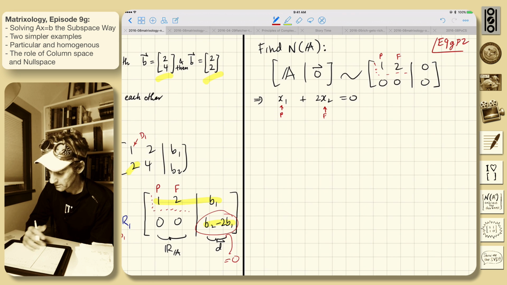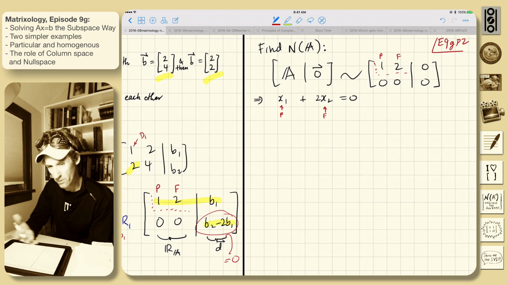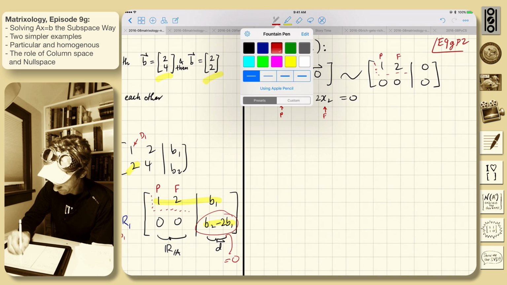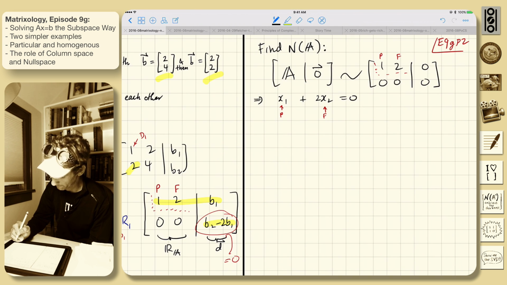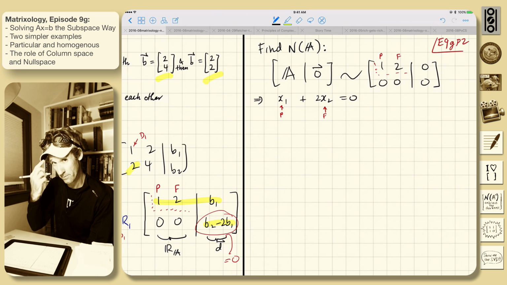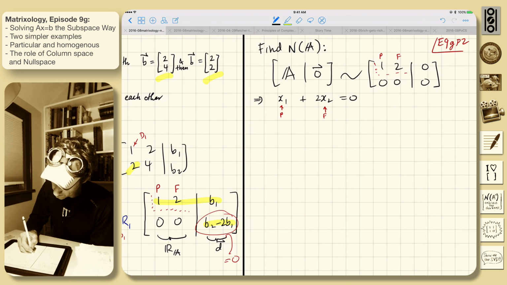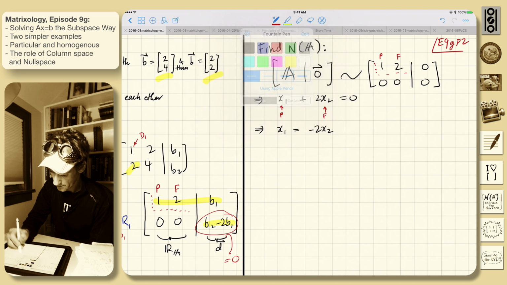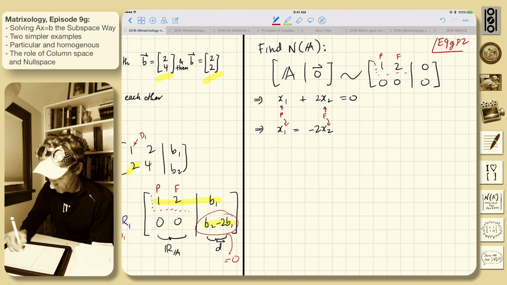You should write that down. All right, so x1 equals minus 2x2. Again, pivot in terms of the free.